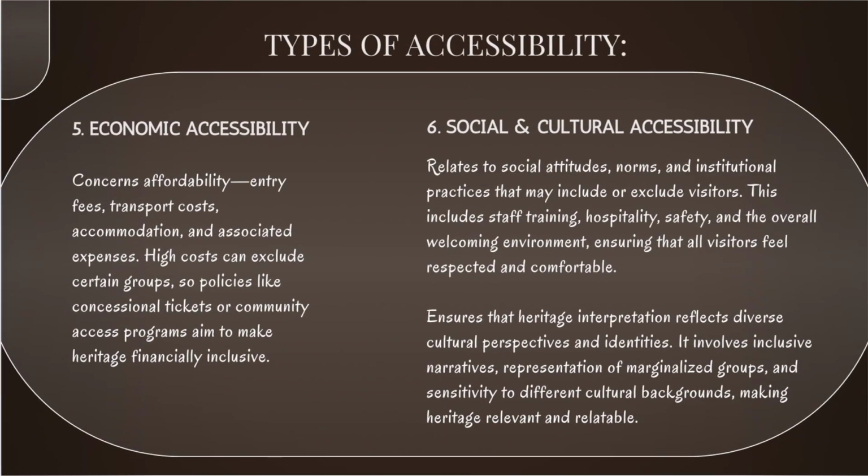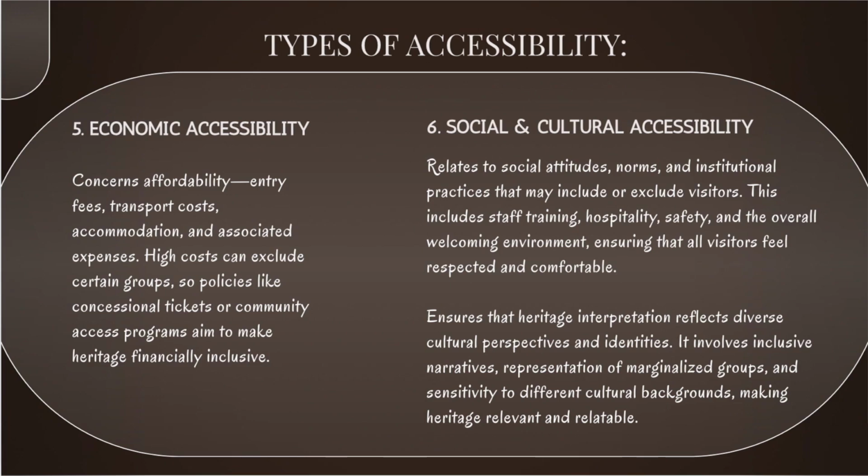The fifth type of accessibility is economic accessibility. It concerns affordability. For example, the entry fees, cost of transportation, accommodation charges, and associated expenses. High cost can exclude certain groups, so policies like concessional tickets or community access programs aim to make heritage financially inclusive.